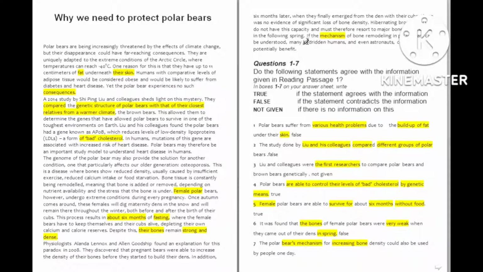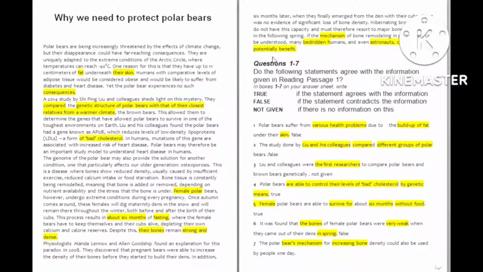Many bedridden humans, bedridden meaning people who are unable to walk, who cannot move and always stay in bed, and even astronauts could potentially benefit. So we find the words bedridden, astronauts, and could potentially benefit.